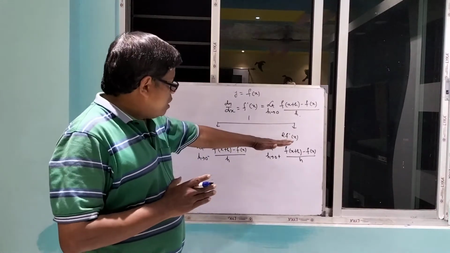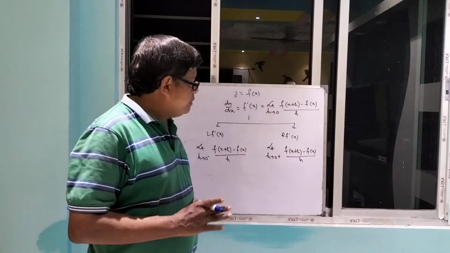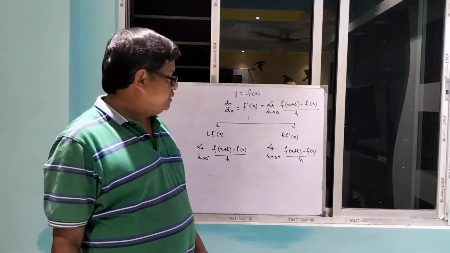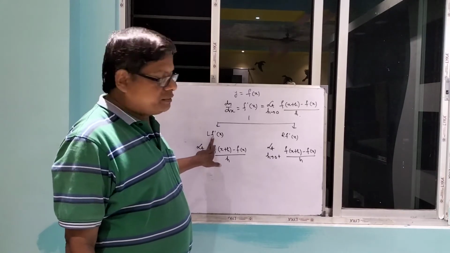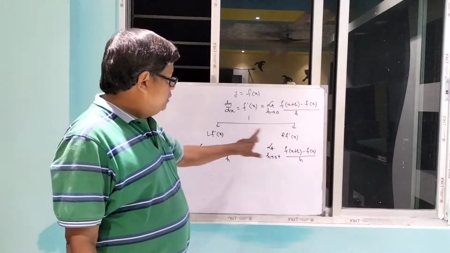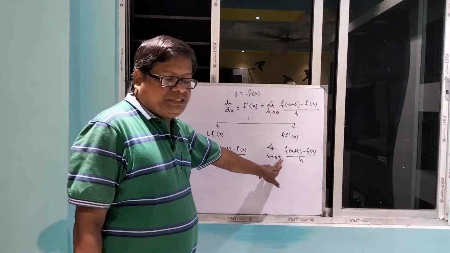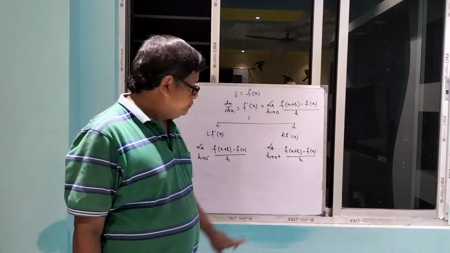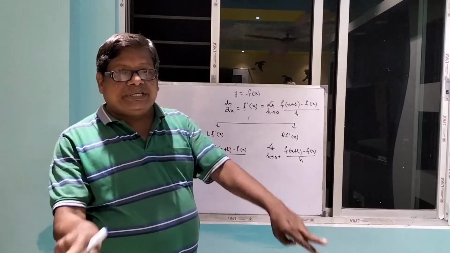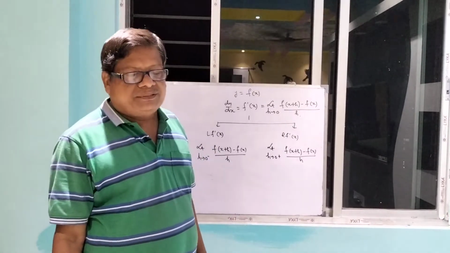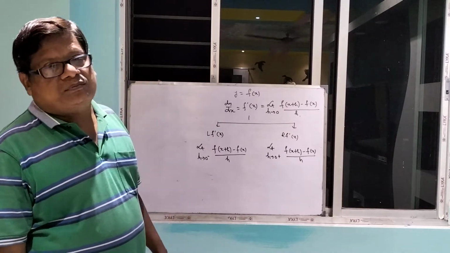Okay, so Rf dash x is limit h tends to 0 plus, f of x plus h minus f of x by h, and limit h tends to 0 minus is the left hand derivative, this is the right hand derivative, just h tends to 0 plus and h tends to 0 minus. If both are equal, then we can say the function is differentiable.